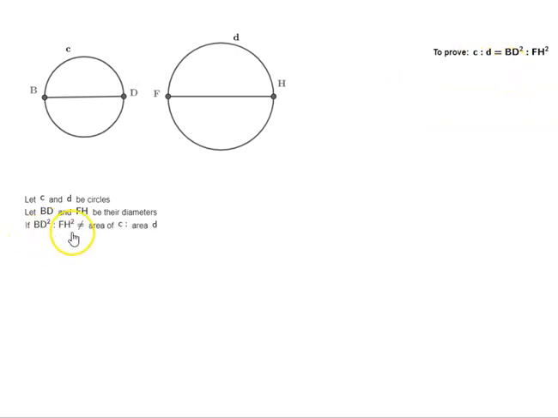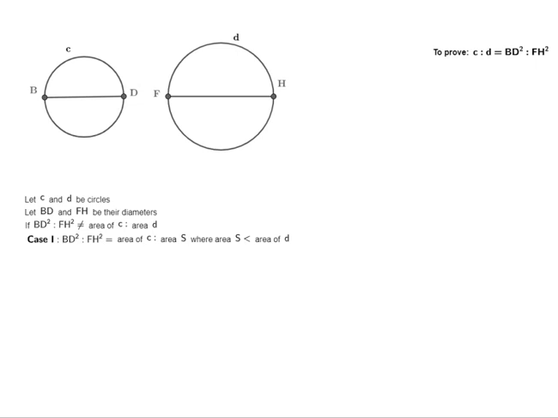If BD square is to FH square is not equal to area of C is to area of D, case 1 is BD square is to FH square is equal to area of C is to area S, where area S is less than area of D.